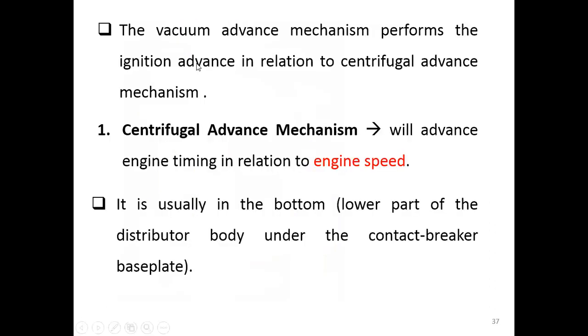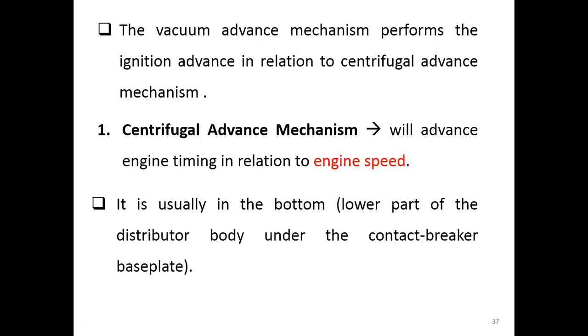The vacuum advance mechanism will help the main advance mechanism, which is the centrifugal advance mechanism, in order to perform the additional ignition advance, or top up the ignition advance provided by the centrifugal advance mechanism.